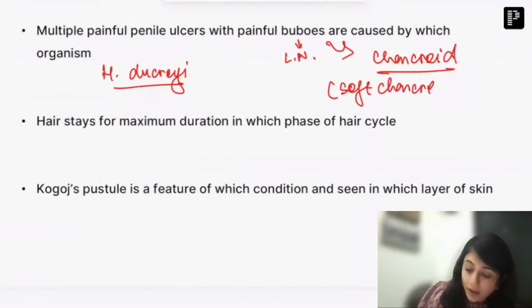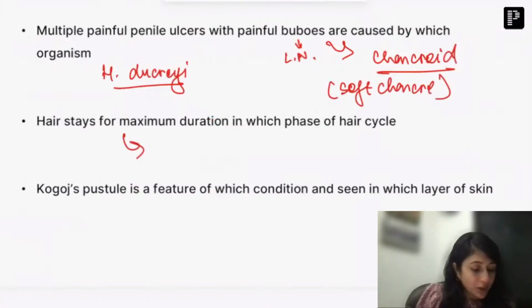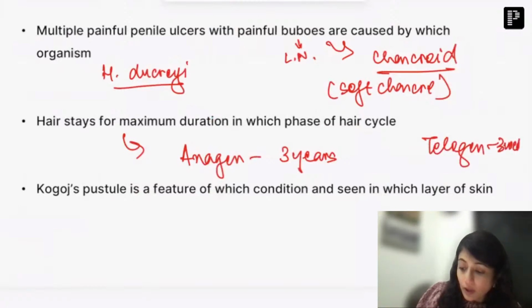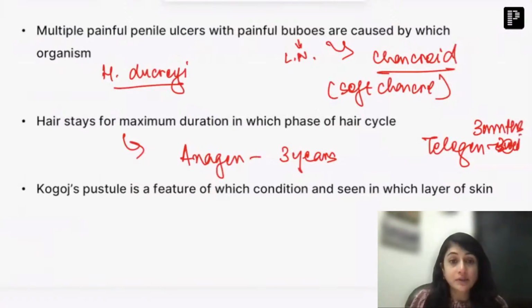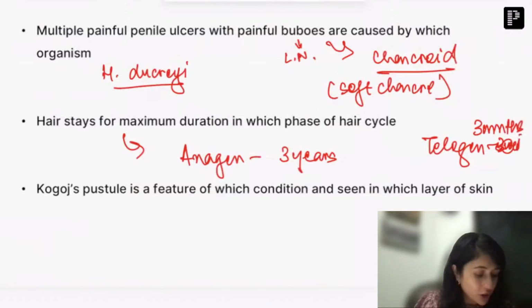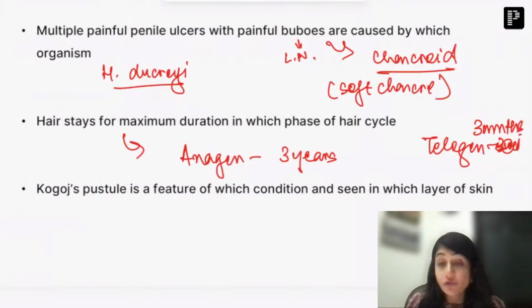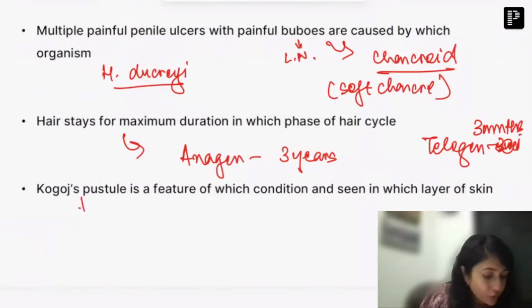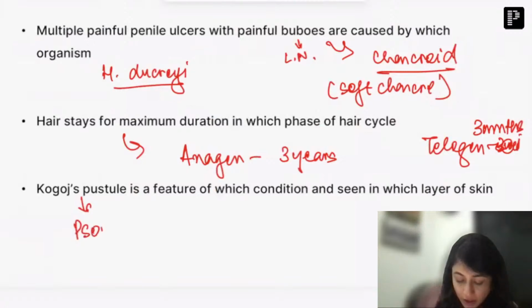Next question. Hair stays maximum duration in anagen phase. You're right. So anagen phase is for 3 years. Telogen phase is for 3 weeks. Sorry, 3 months. Catagen is for 3 weeks. Right? Next question. Kogoj's pustule is a feature of which condition? Where do you see Kogoj's pustule? You have already answered that. Yes, in psoriasis.